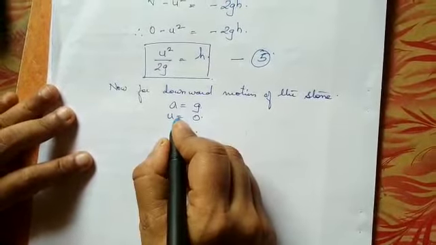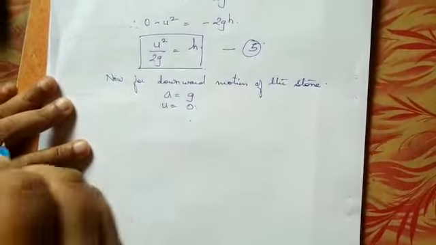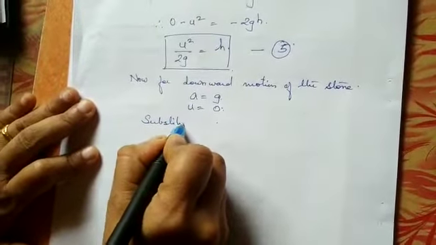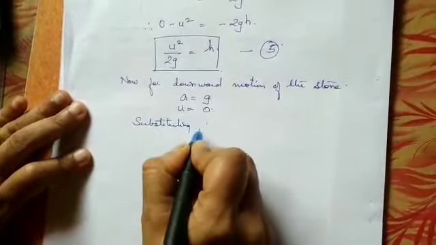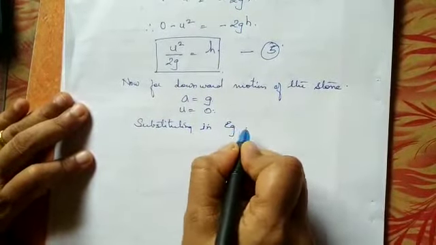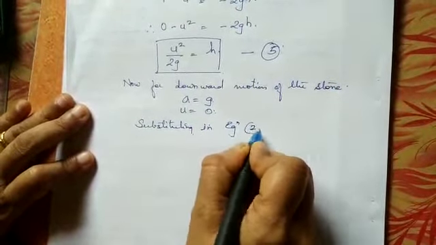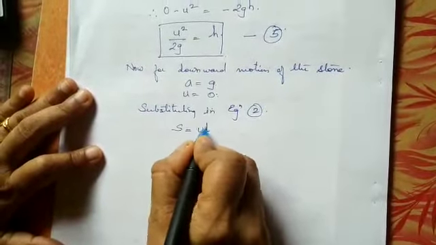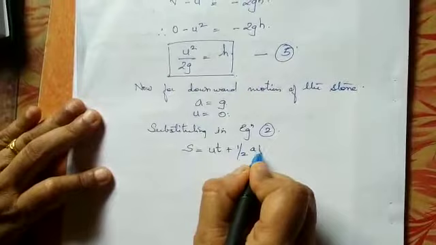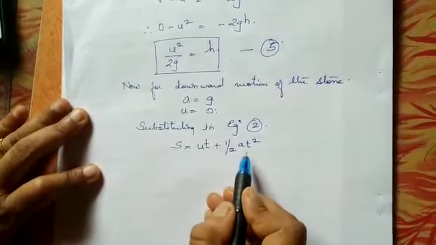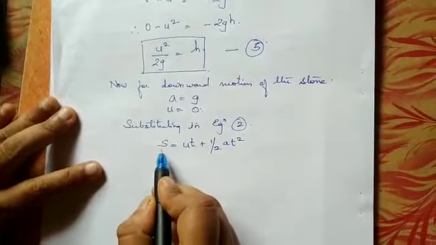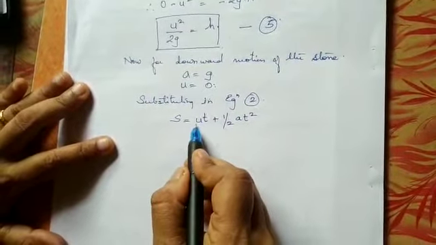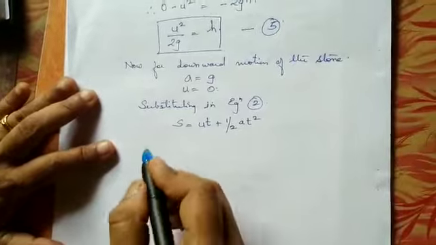Before reaching the maximum height, initial velocity was 0. Substituting this in equation 2, S is equal to ut plus half at square. Why we have to consider equation 2? Because we have to get the distance, time, considering the initial velocity.